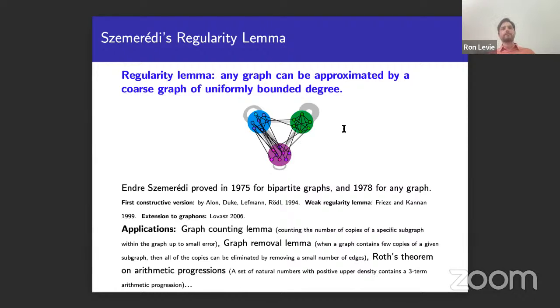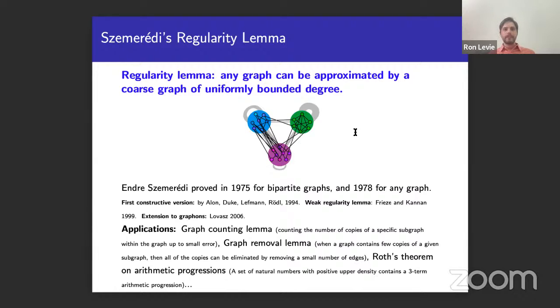So I'm going to give you a variant of this lemma in the next slide, and I'm going to define what it means for a deterministic graph to look random-like. This lemma was proven by Szemerédi in '75 for bipartite graphs, and then he extended the proof to general graphs in '78. The lemma has many extensions and many types of proofs.